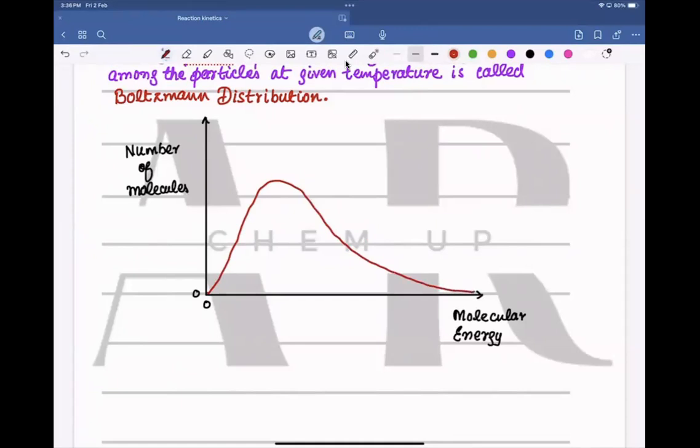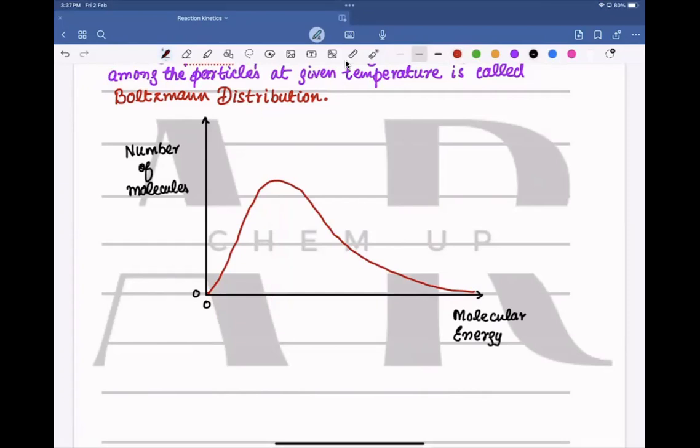So if you see, at higher energy there are very few molecules, and at lower energy there are also very few molecules, and the maximum number of molecules are at the energy which is in between. That's what we call most probable energy. Is this clear to all of you? Yes, sir.